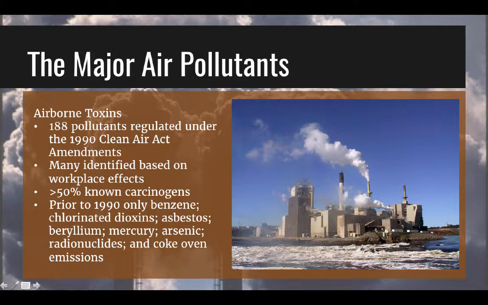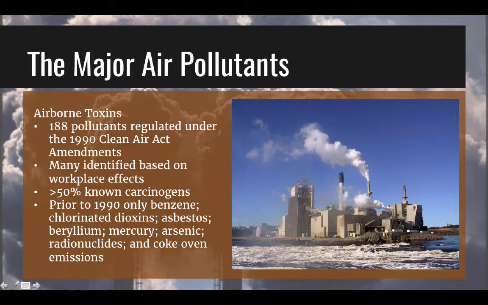Some toxic pollutants causing great concern are benzene, primarily from chemical and plastic plants, vinyl chloride from similar sources as those for benzene, chlorinated dioxins from sources such as chemical processes and high-temperature burning of plastics in incinerators, asbestos, beryllium, mercury, arsenic, radionuclides, and coke oven emissions.